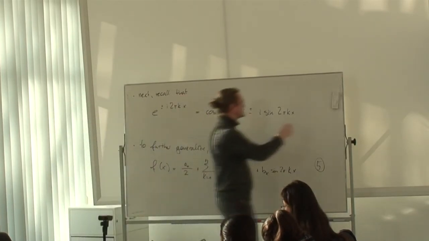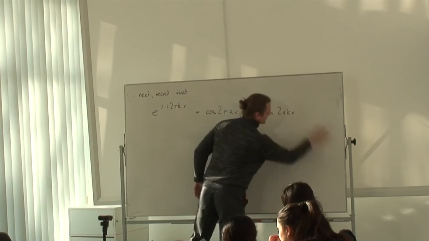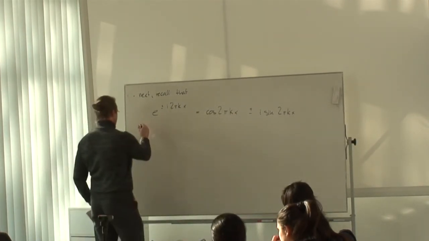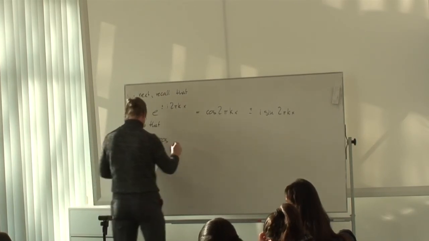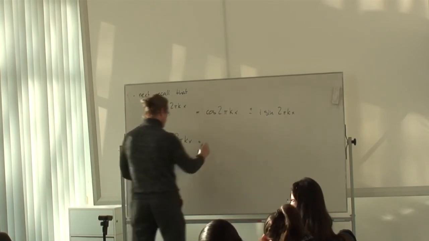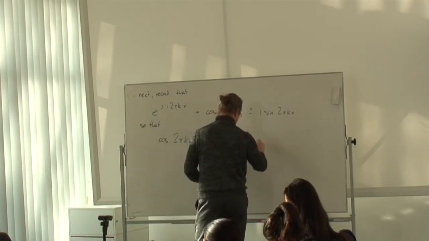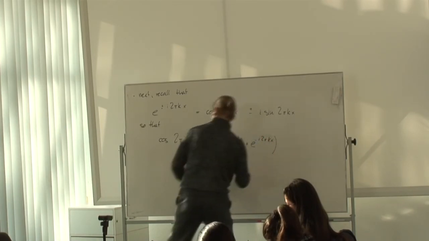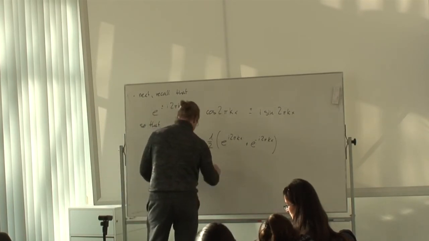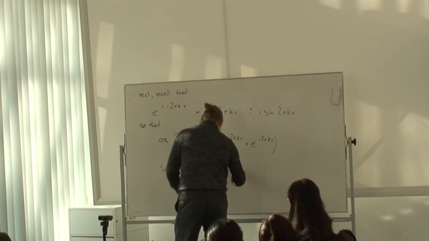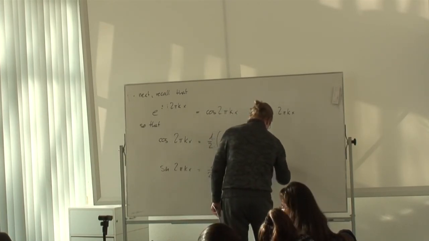And if we look at this and consider the fact that these are two equations, we find that cosine 2 pi kx can be written as 1 over 2 times e to the i 2 pi kx plus e to the minus i 2 pi kx, and sine of 2 pi kx can be written as 1 over 2i times e to the i 2 pi kx minus e to the minus i 2 pi kx.